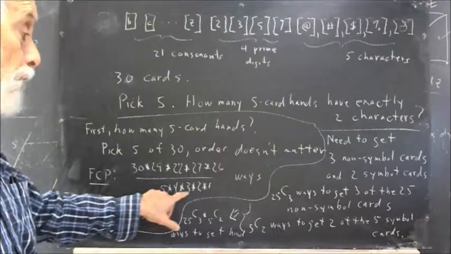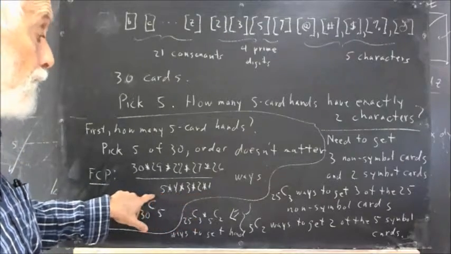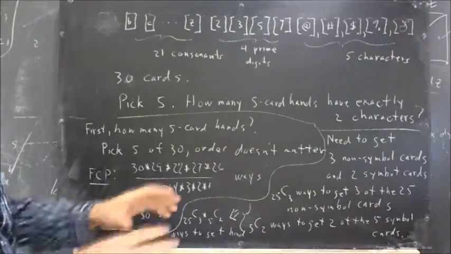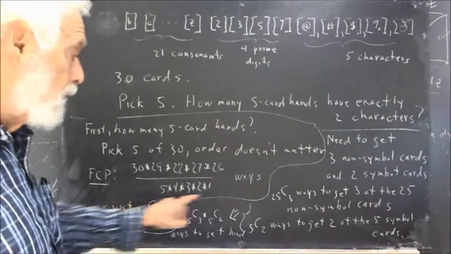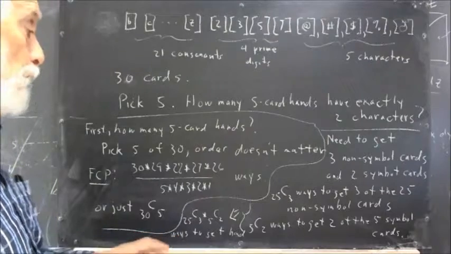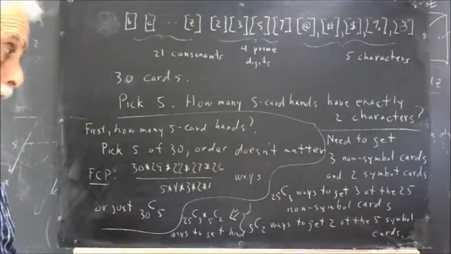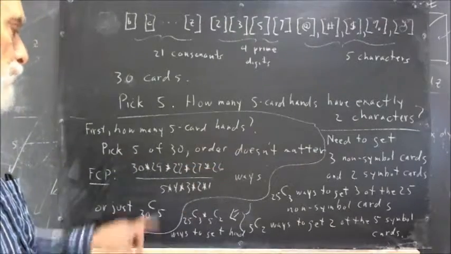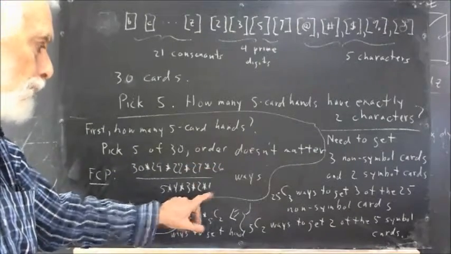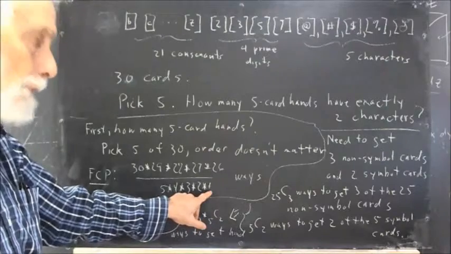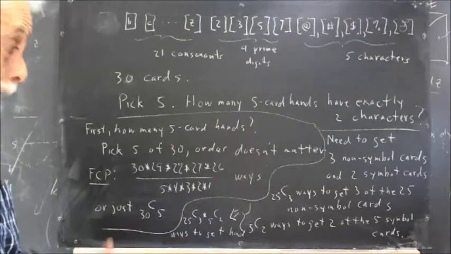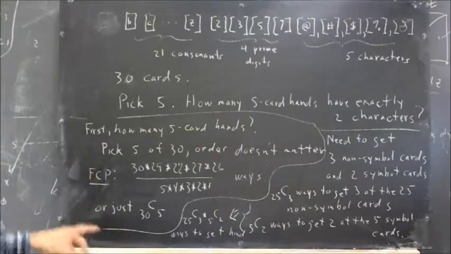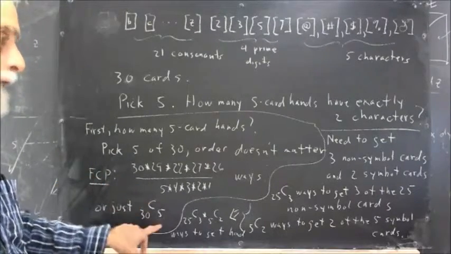So there are 5 times 4 times 3 times 2 times 1 ways to order any unordered hand. So whatever hand you've got, there are this many ways it could have come in order, and we don't care in what order it came. We're going to rearrange it the way we want anyway. So we'll divide the number of ordered possibilities by the number of possible orders in which every given set of 5 cards could be dealt in order, okay? And of course that gives us 30C5.